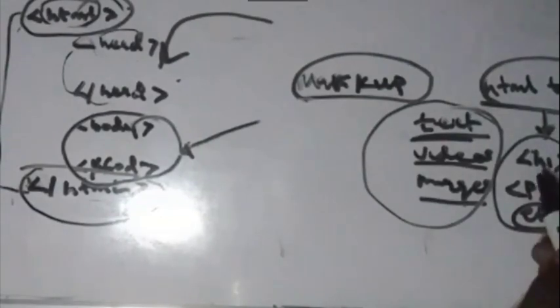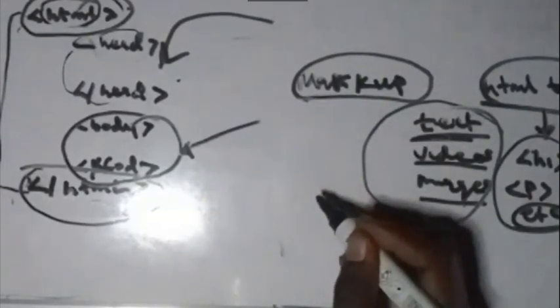So when you surround the content of a page with tags, it means that you have marked them up. To mark up a text means you surround that text with the tags. So when you come to HTML web pages, all the text, the videos, everything is marked up, and that is why we call it markup language, because everything is surrounded with the HTML tags.